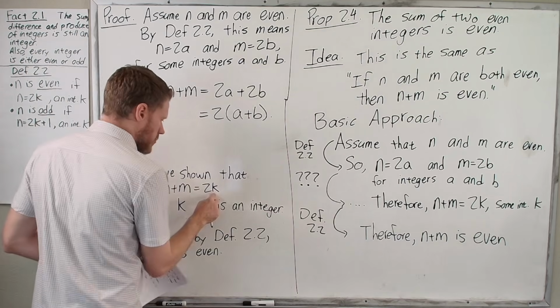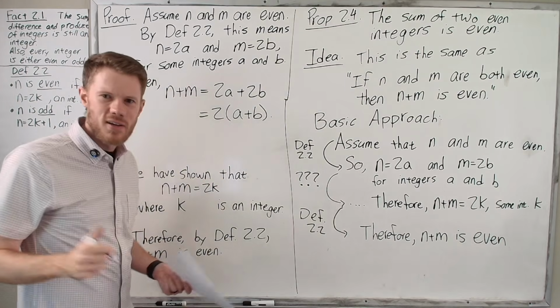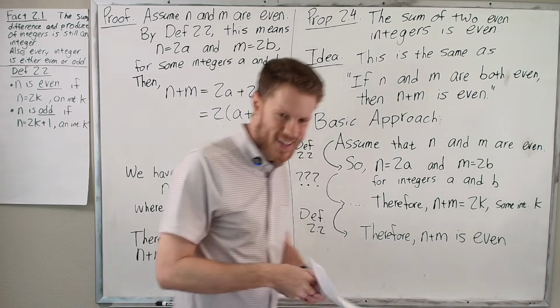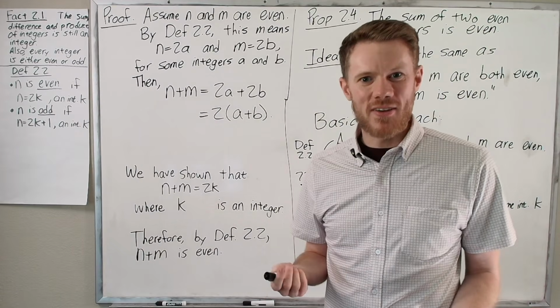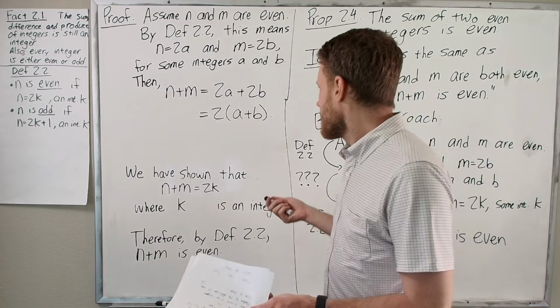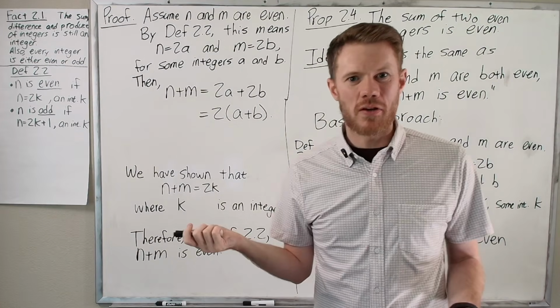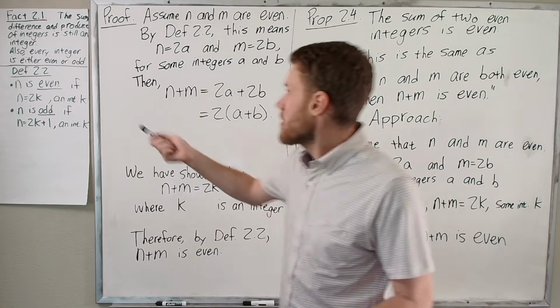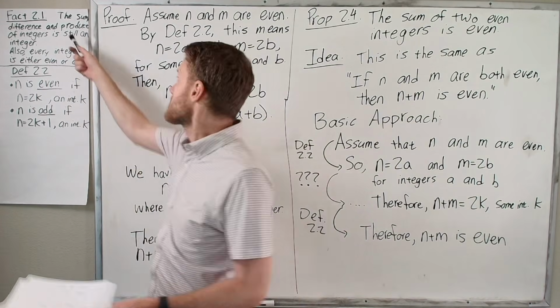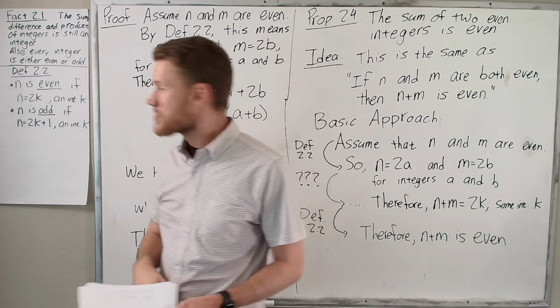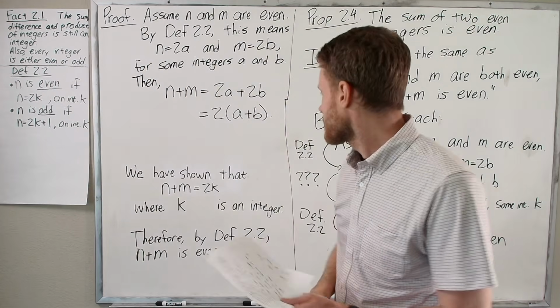So we want a single integer, but we have a sum of integers. What tool do we have? We only have a couple tools at this point. So what thing do we have that can tell us that adding 2 integers gives you another integer? Well, that was fact 2.1, the sum, difference, and product. But the first thing is the sum of 2 integers is still an integer.